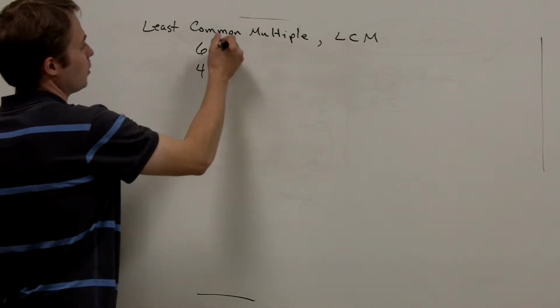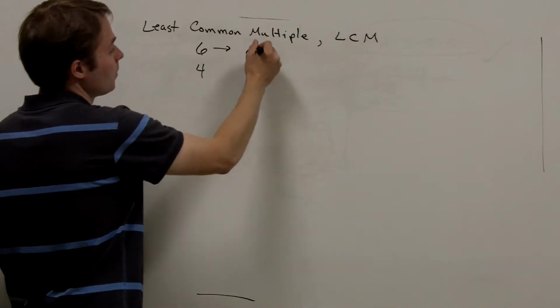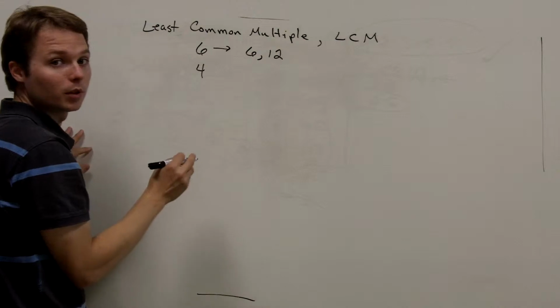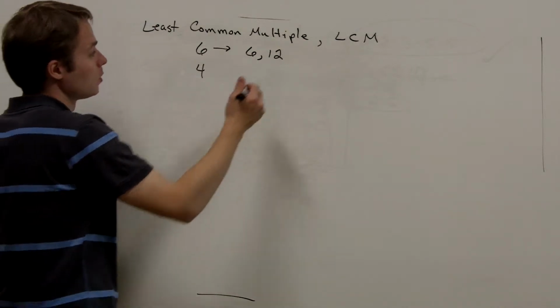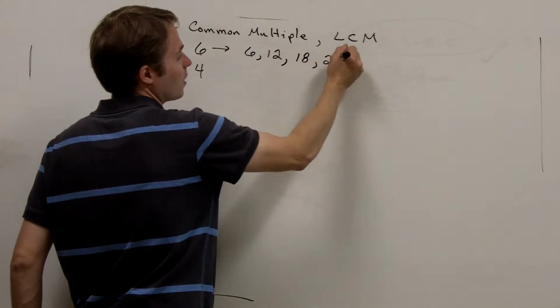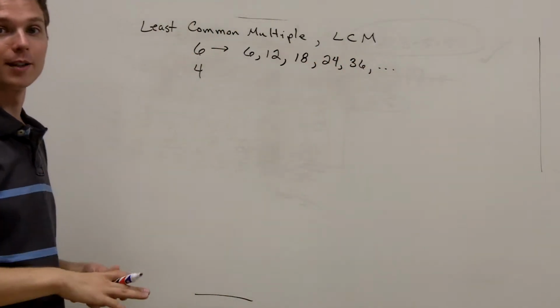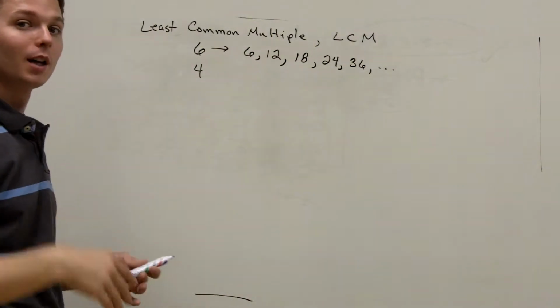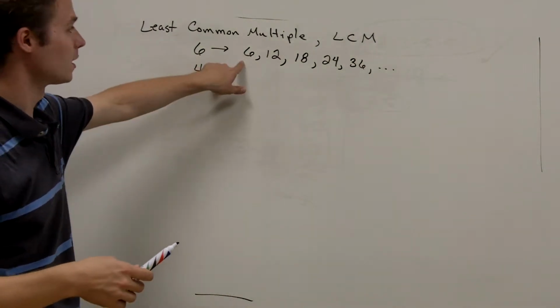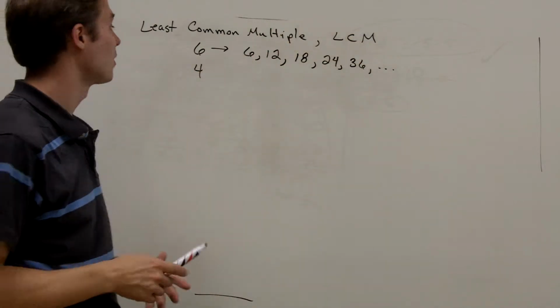For example, multiples of 6 include 6, because 6 divided by 6 is 1. 12 is a multiple of 6 because 12 divided by 6 is 2. 18 can be divided by 6, 24 can be divided by 6, 36, and so on. You can actually have an infinite amount of multiples. You just keep multiplying them out. For example, this is 6 times 1, 6 times 2, 6 times 3, and so on. We can do this forever.